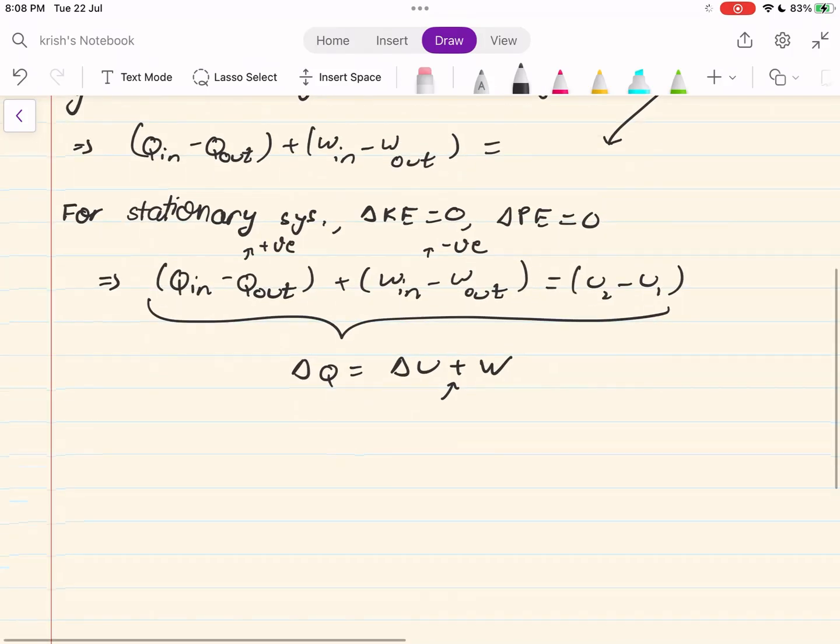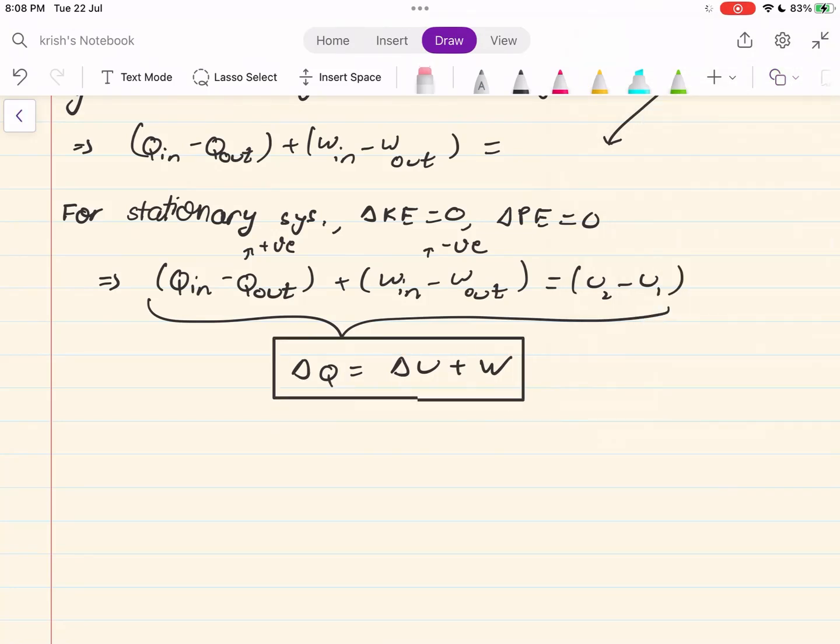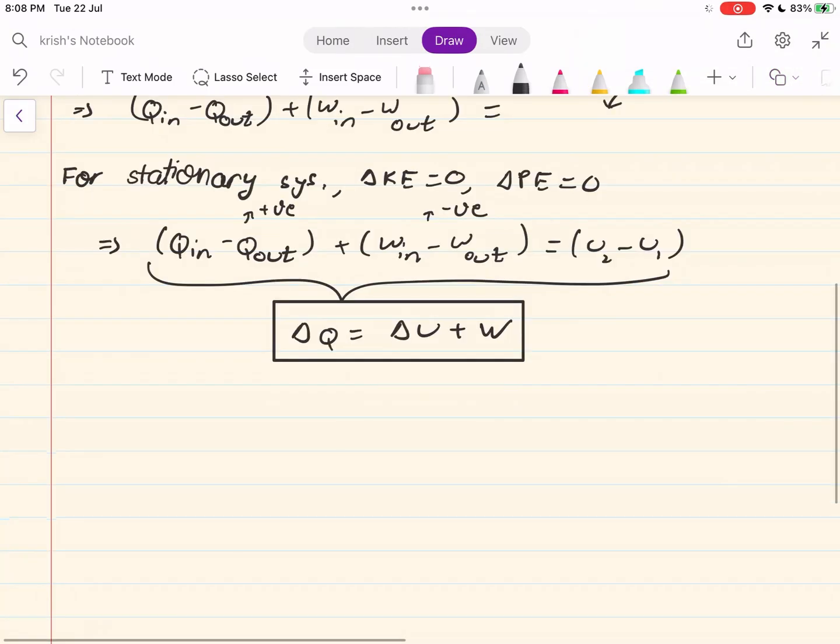Don't confuse yourself too much with the signs, just remember this formula. If you were to write it on a per mass basis, we will write it as delta q equals delta u plus w, or on a per time basis, delta Q dot equals delta U dot plus W dot.